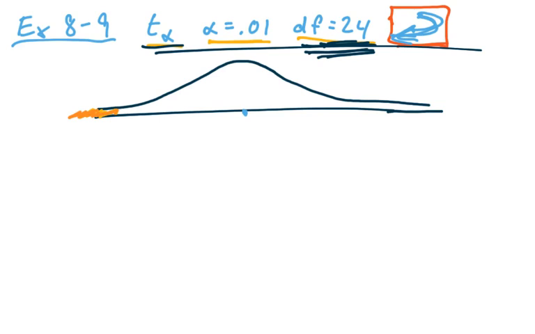Okay, so then we'll look up the critical t-value. We'll go to row 24. We'll go all the way over to the column that corresponds to one tail, alpha equals 0.01, and the value that we find is 2.492.